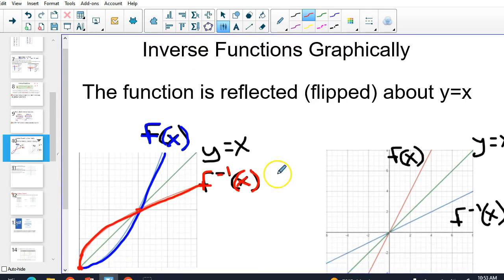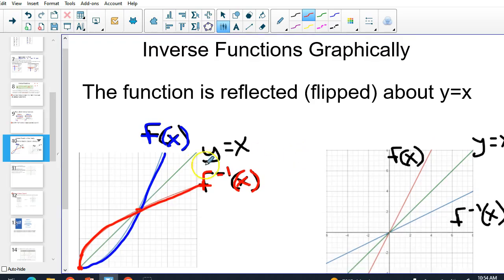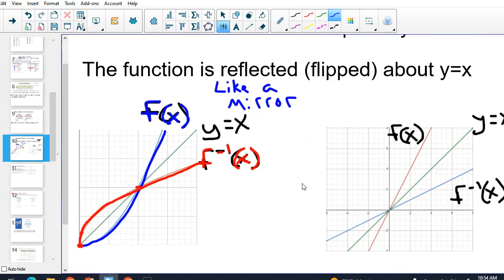So for a function graphically to recognize it as an inverse, they're going to be reflected like a mirror. This is like a mirror looking back on the other one. Okay? It's going to be flipped, reflected back across that x and y axis.